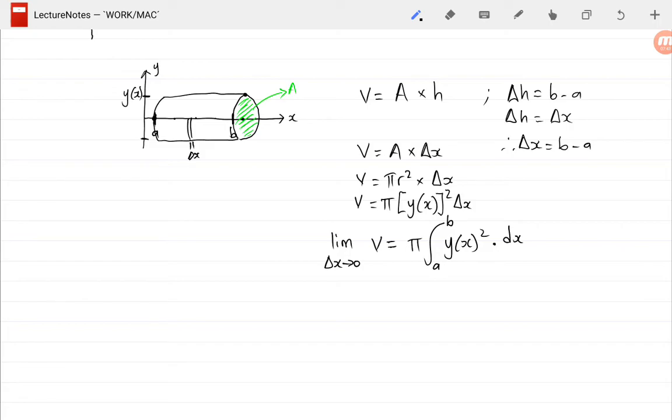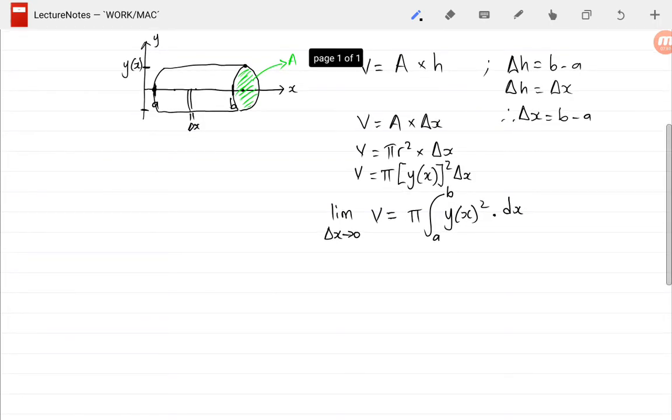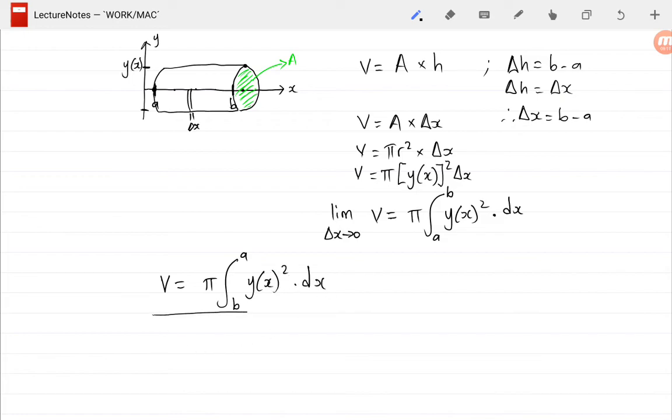I hope that makes some sort of sense. So just like that, if our limit of changing x goes to 0, we are left with the formula that V is equal to pi times the integral from a to b of y of x squared dx. And just like that, we have a formula for integrating rotation.